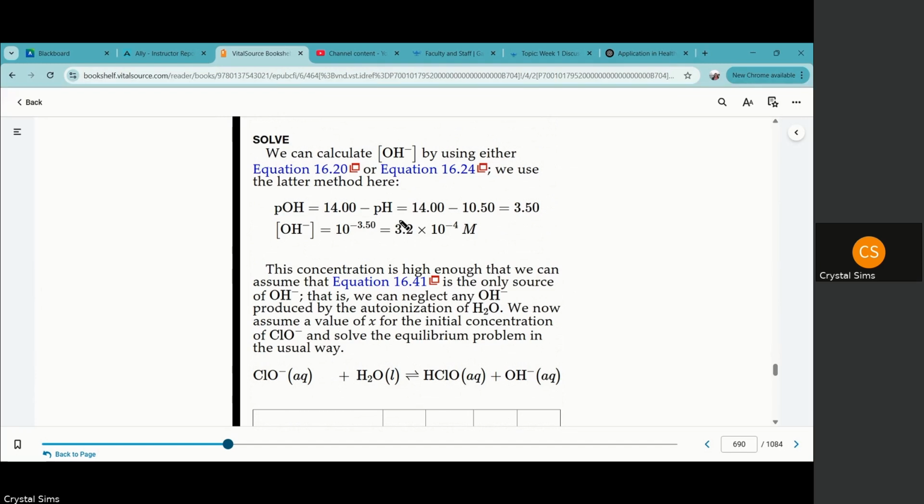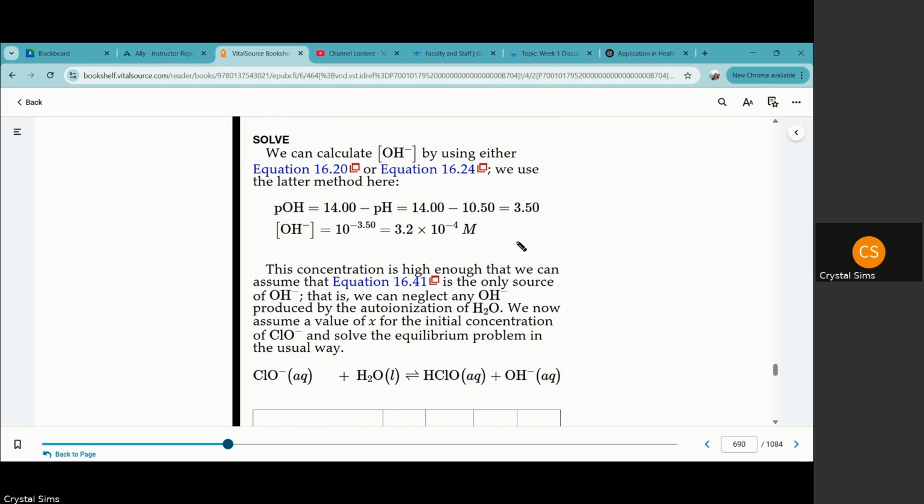So that's what we've done here. So we said pOH is equal to 14 minus the pH, which was given in the problem as 10.50. So our pOH is 3.50. Take the anti-log, 10 to the negative 3.50 power, and here is our hydroxide ion concentration right here.